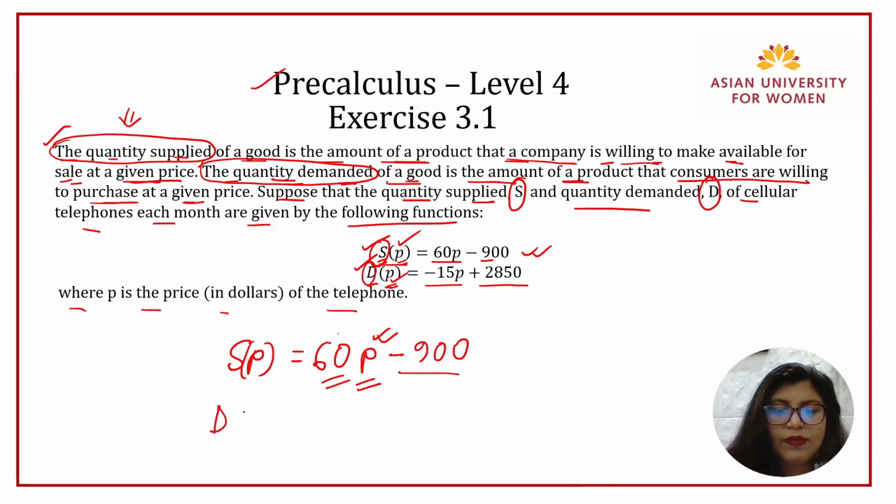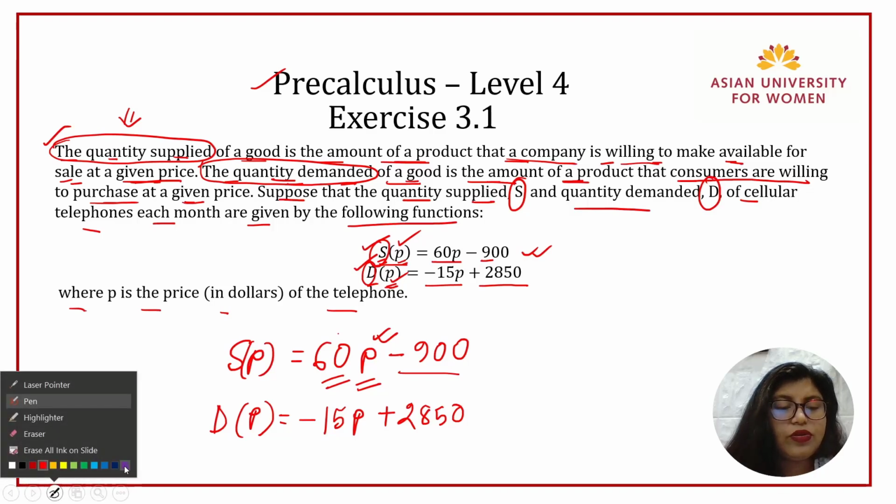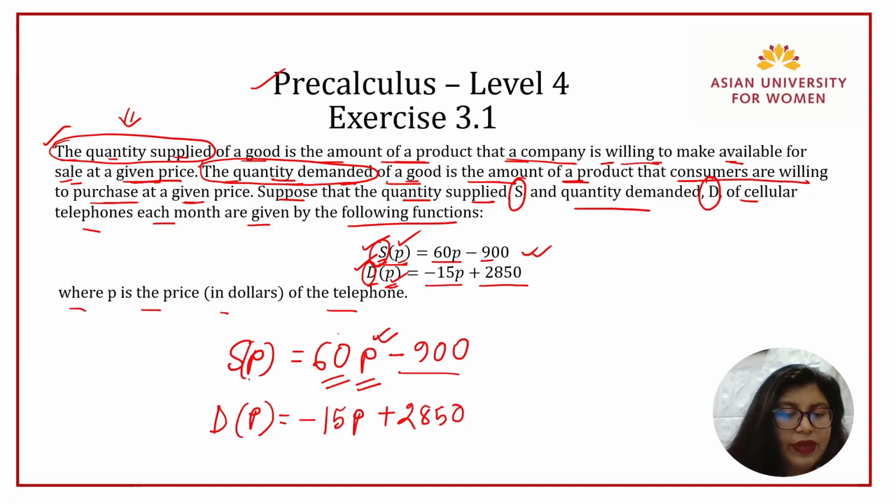And demand also depends on price P, and it is minus 15p plus 2850. Here's the interesting thing which I want to show you. In the supply function, P is obviously the variable on which the supply depends.